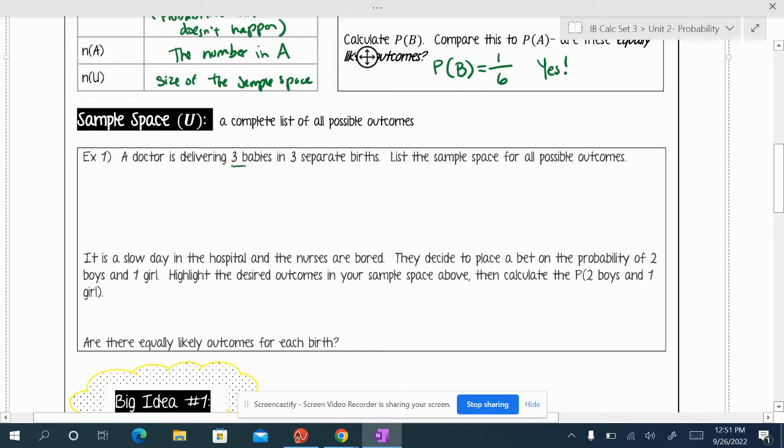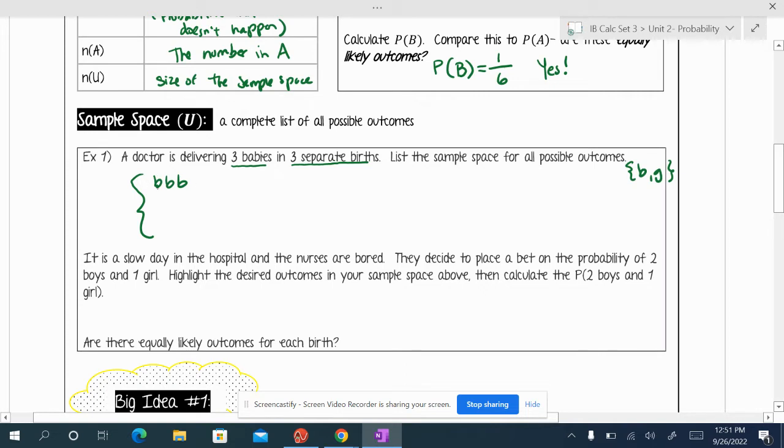Okay, so he's going to do 3 babies in 3 separate births. The list of total possible outcomes for each birth is going to be boy or girl, right? You have 2 things that it could be at birth. So we would list the sample space for 3 babies in 3 separate births by listing all possible combinations.